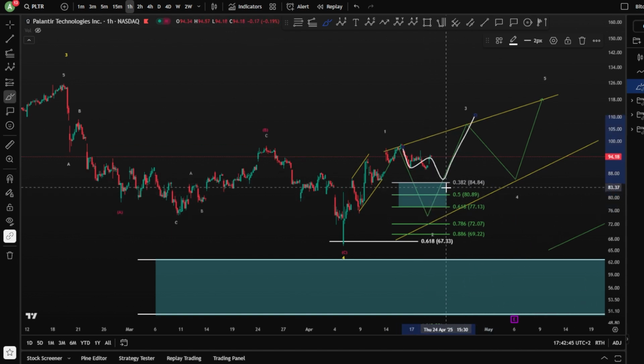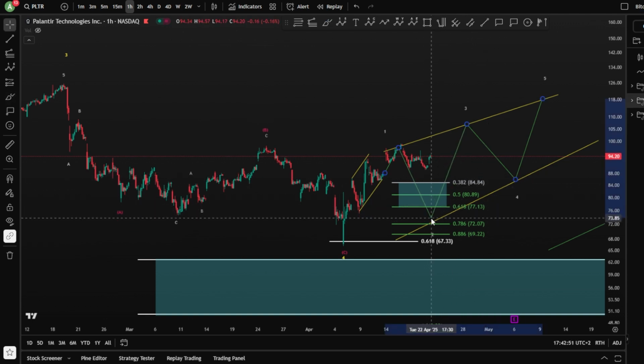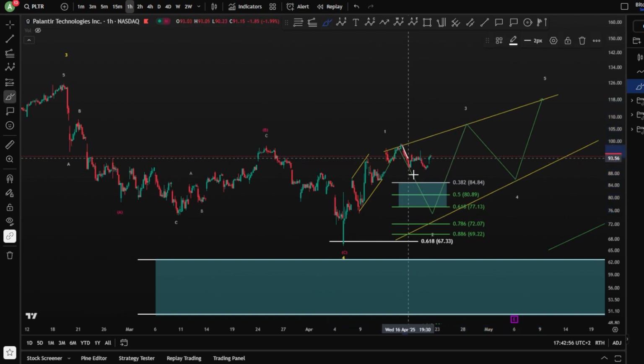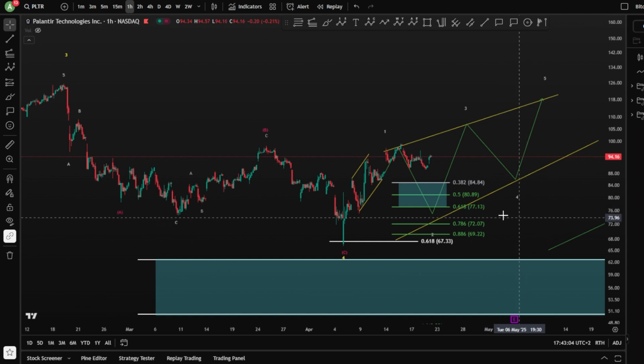It can be an impulse in this case, because if you are in a diagonal or a leading diagonal here, it is preferable to see an even deeper correction for a wave 2, somewhere between the 0.618 and 0.5 fib level. So these are the potentials for Palantir.